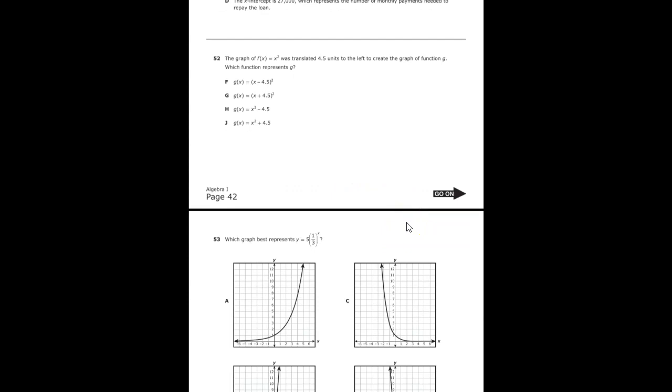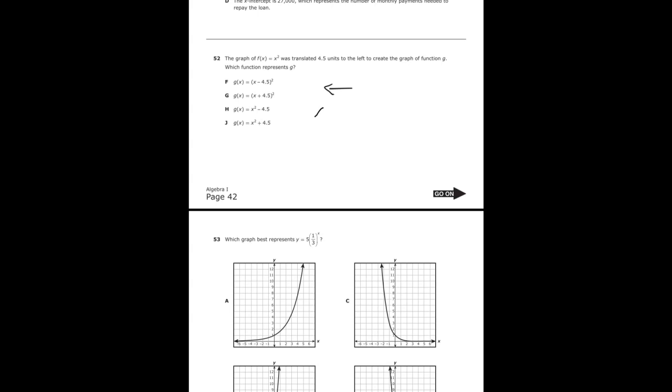52. The graph of f of x equal to x squared is translated 4 units to the left to create the graph of function g. Which function represents g? So if it's translated 4 units to the left, when it's happening on the x-axis, it tends to behave the opposite.